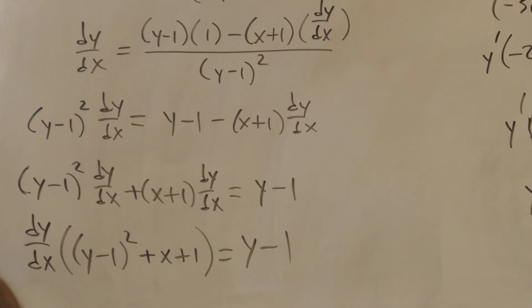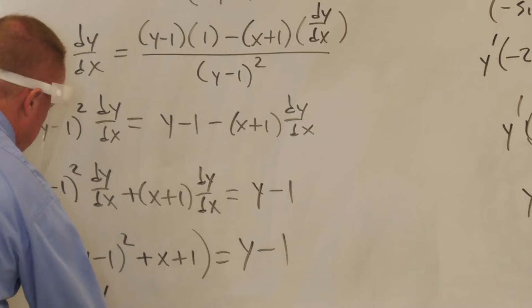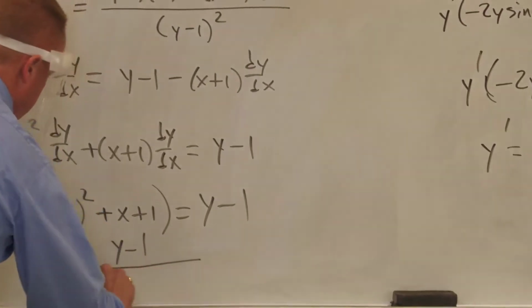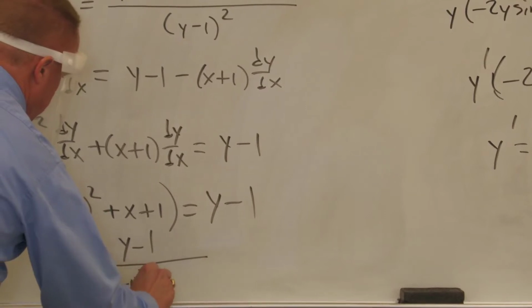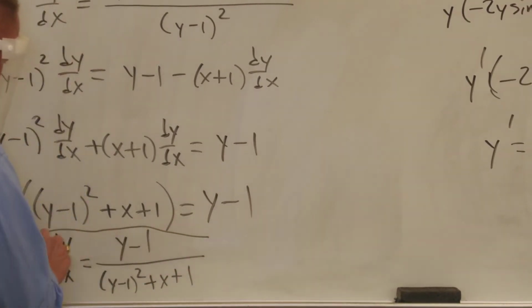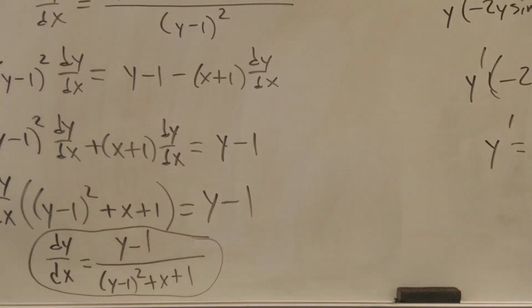And now to get dy/dx by itself, just divide both sides. dy/dx equals (y minus 1) over (y minus 1) squared plus x plus 1. Okay? That's a good answer.